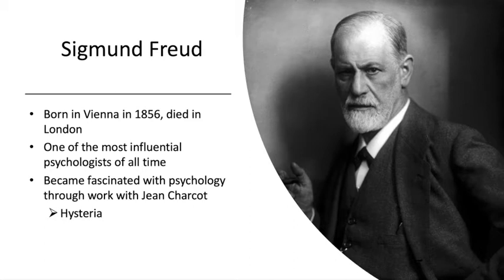So the first school of thought that we discussed was the psychoanalytic school of thought. And Sigmund Freud, who is, of course, the father of psychoanalysis, was one of the first people in psychology to propose a coherent theory of personality.